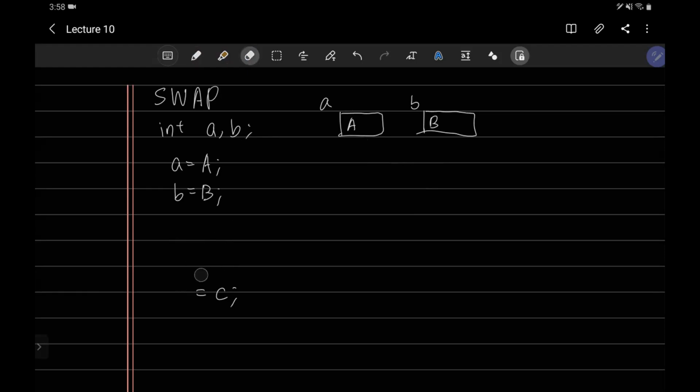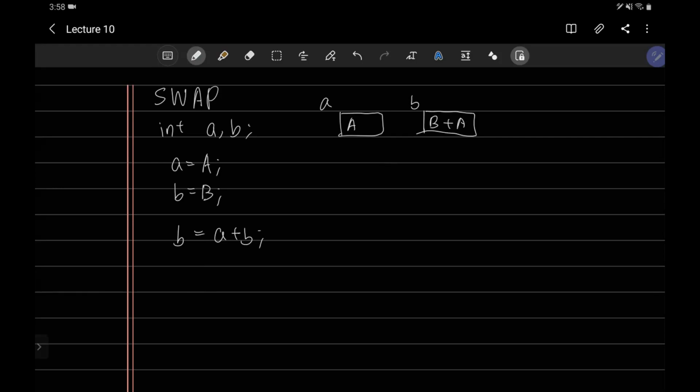So instead of using the third memory, what we can do is first add the two values stored in these two variables, and store the summation into the b variable.